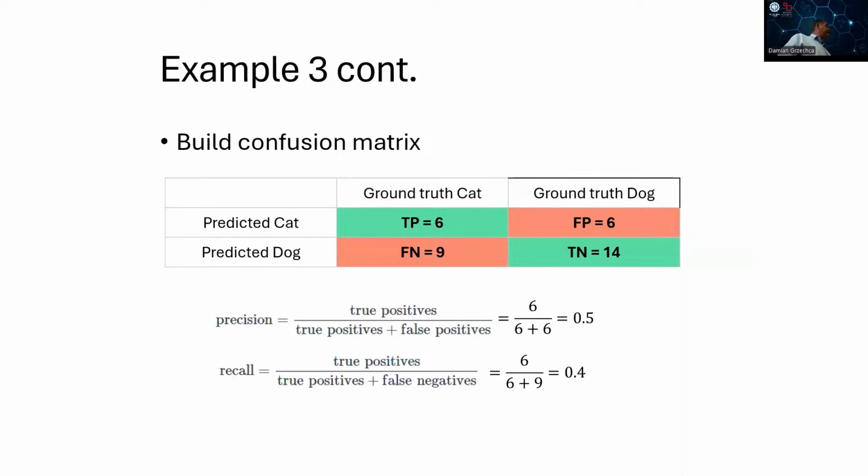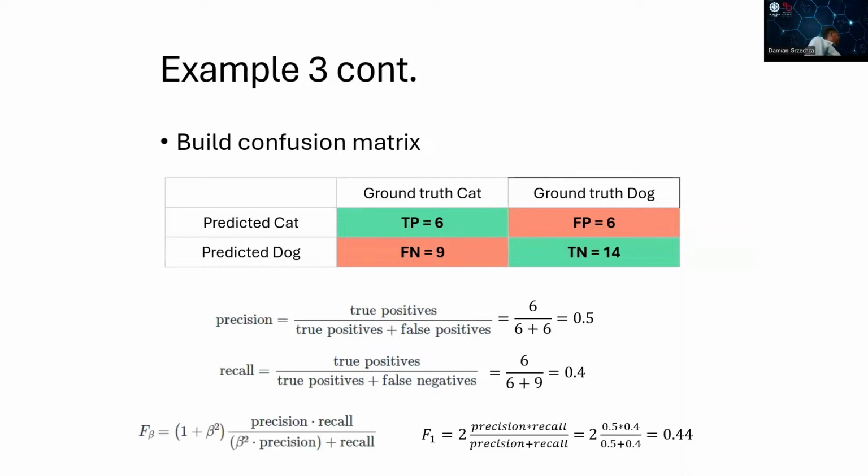And finally, the F1 score, by substituting the precision and recall, is calculated right here at 0.44. That's the F1 score. It combines precision and recall.